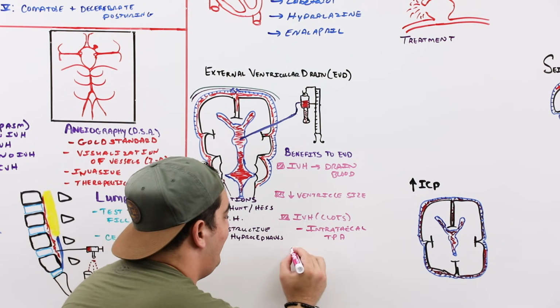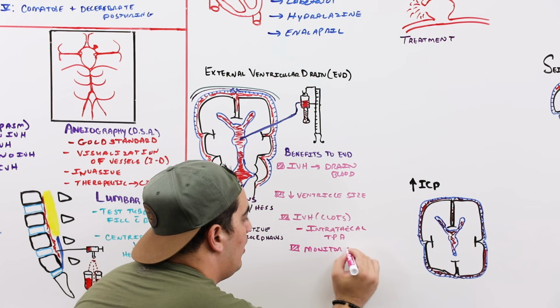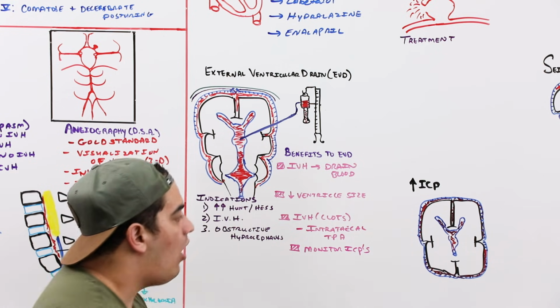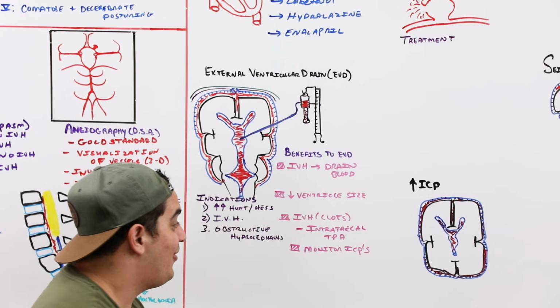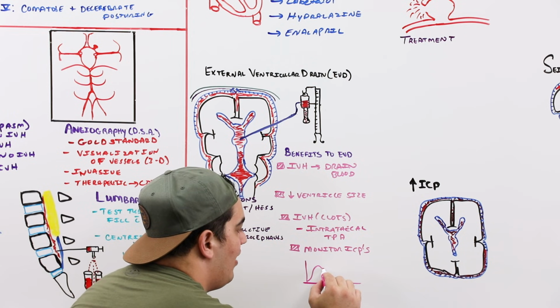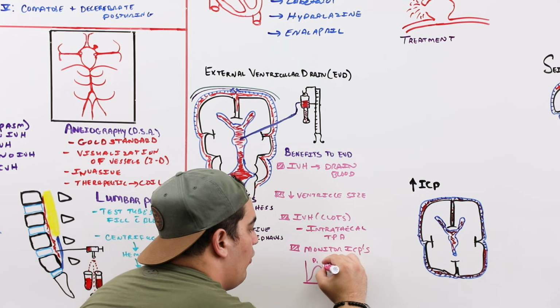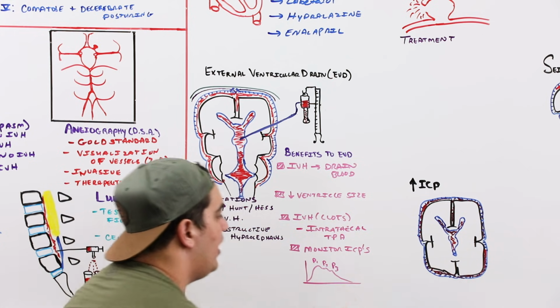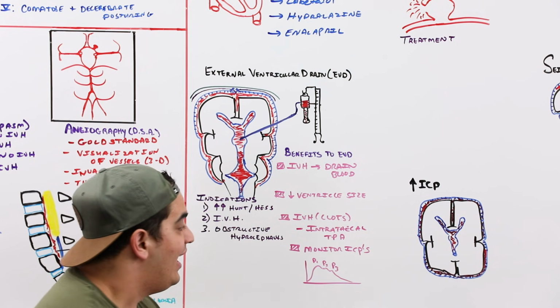Another benefit of the EVD is it helps you to monitor their ICPs, which we can talk about in a second. It gives you real-time monitoring of their ICPs. And when we look at this, it's in a graphic form here, where you look at a pressure waveform, a P1, a P2, and a P3, and it helps you to determine their overall intracranial pressure.